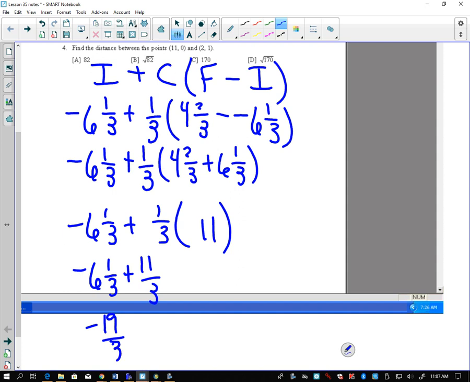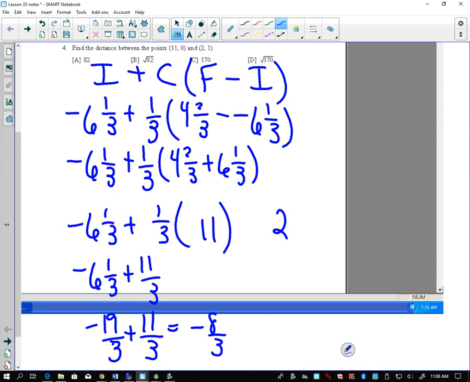So I get negative 19/3 plus 11/3. Sorry. All right, negative 19 plus 11. Negative 8/3. All right, how many times will 3 go into 8? Go into it twice.